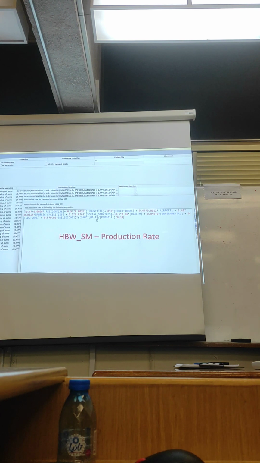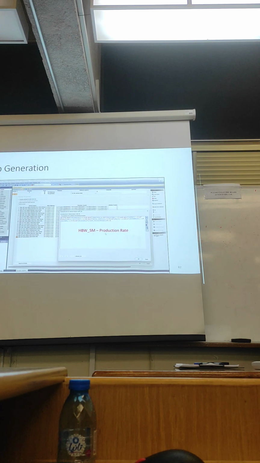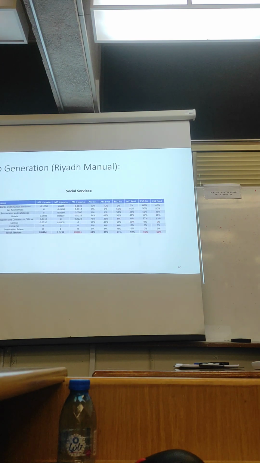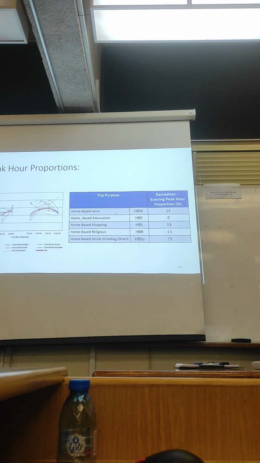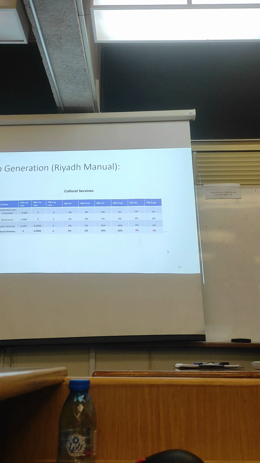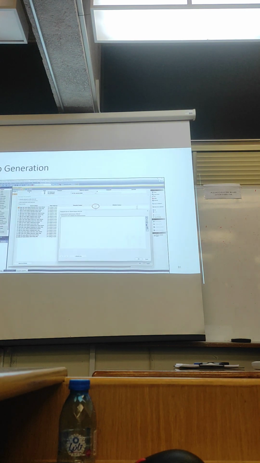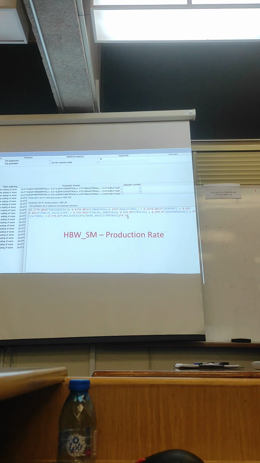I mean Saudi male divided by the population times 0.14, because for home-based work it was 14%. So I use this number. So the Saudi male divided by the population times 0.14, which is 14%.